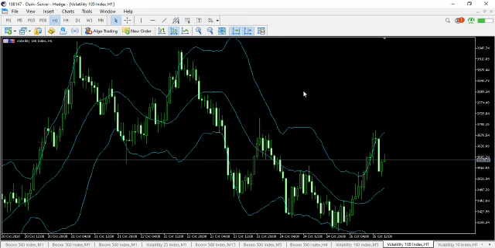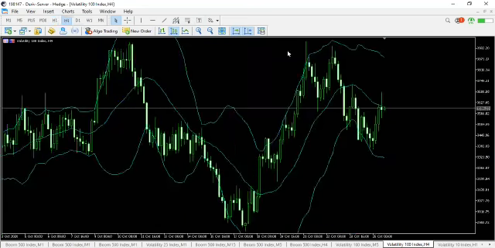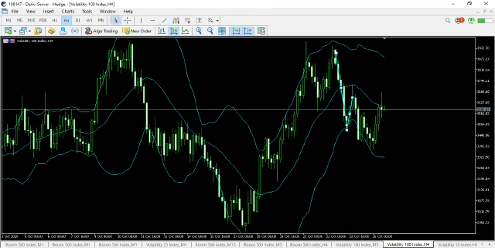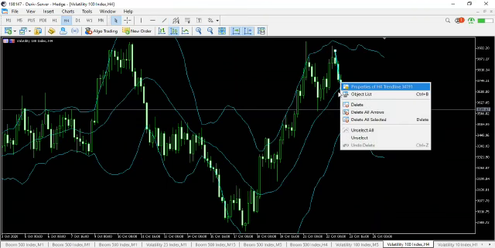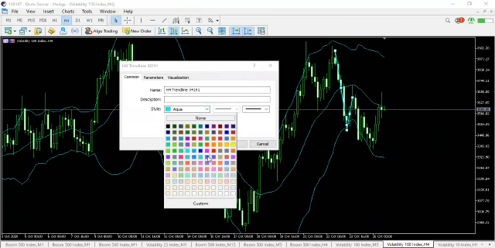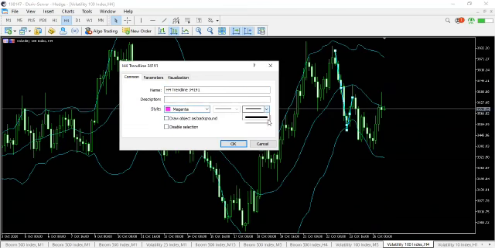So this is a H1. Let me take you back to H4 so you can appreciate it better. So if this is a W, it's like this. This is one leg. This is another. Let me change the color so you see it better. Magenta.